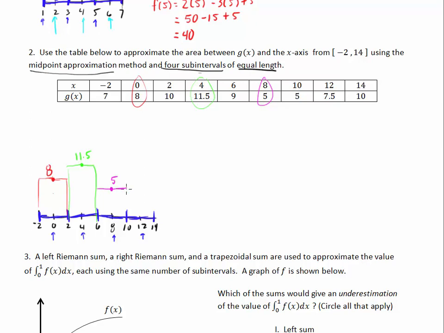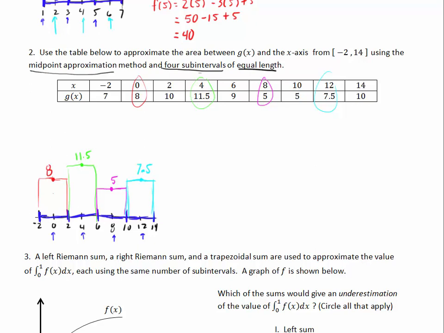Remember, this doesn't need to be to scale. It just helps to see the rectangles. And finally, when we plug in 12, we get out 7.5. So let's figure out the area of each of these.